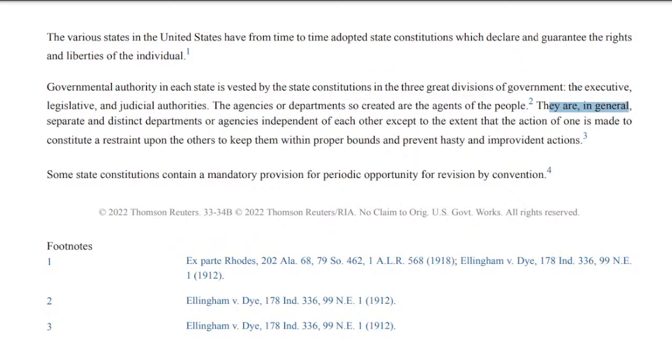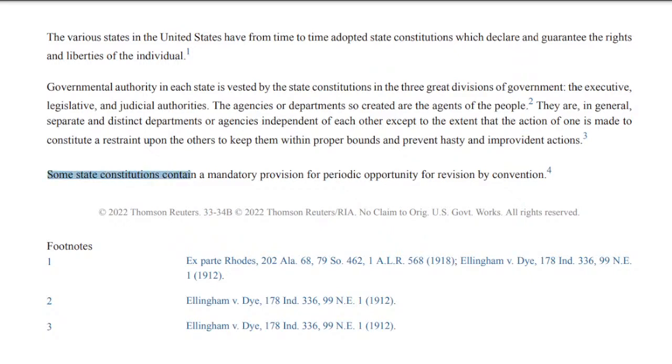They are, in general, separate and distinct departments or agencies independent of each other, except to the extent that the action of one is made to constitute a restraint upon the others, to keep them within the proper bounds and prevent hasty, overly fast and improvident actions, which we just looked up, and that means judgments arriving from false information.